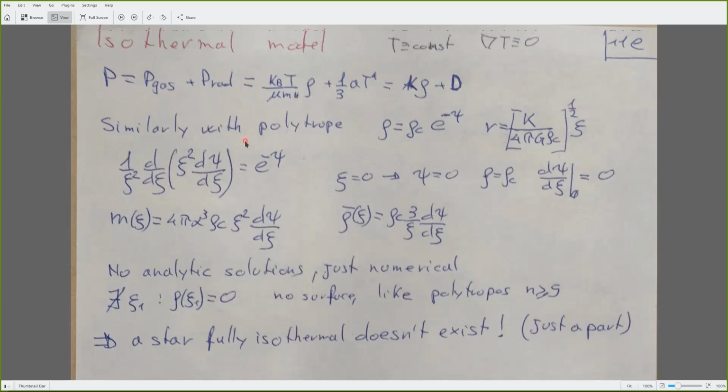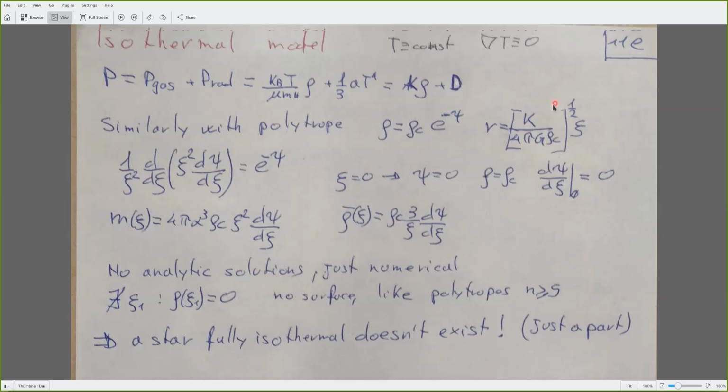Doing something similar to the polytrope, we put that the density is equal to the central density multiplied not by the function to the n, but by an exponential to the minus phi. The radius is defined in a similar way.